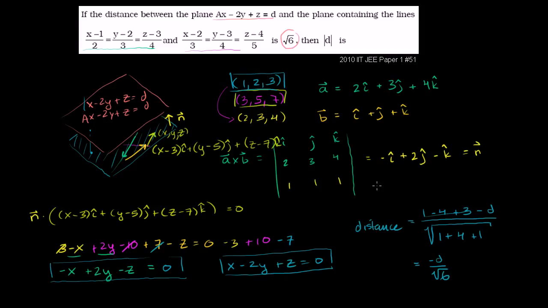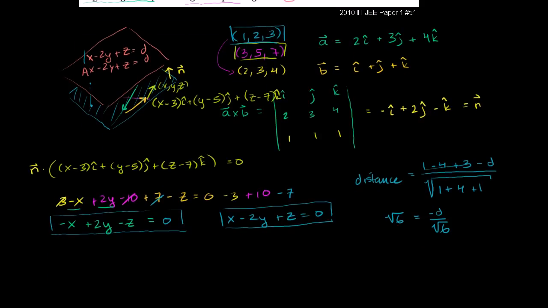So they say the distance between this plane and this plane over here is square root of 6. So they're saying the distance is equal to the square root of 6. That's what this information right over here is.